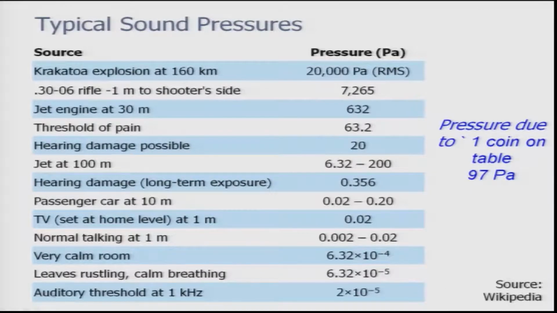It says auditory threshold at 1 kilohertz, and the corresponding pressure is 2 times 10 to the power of minus 5 pascals. You should understand what this means. Suppose you have a room with no sound, and I will give you an example: a mosquito about 1 meter away from you.